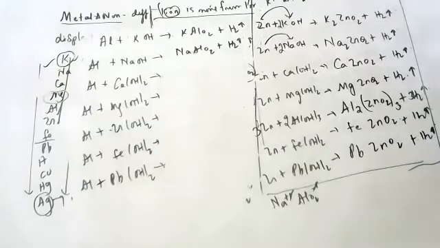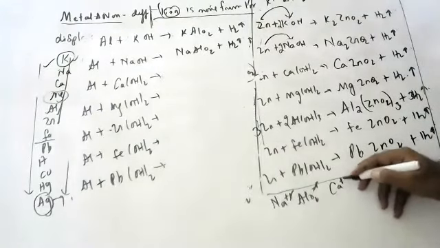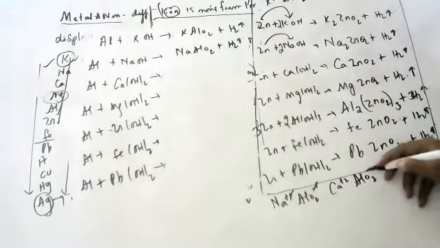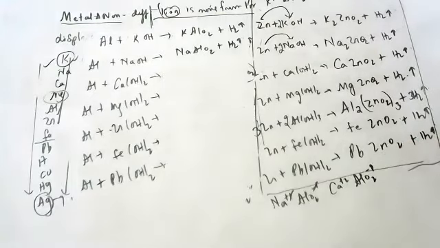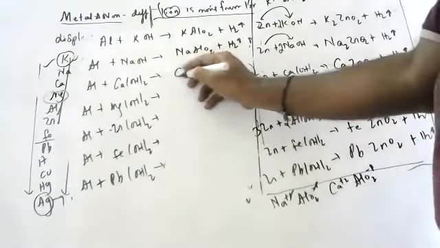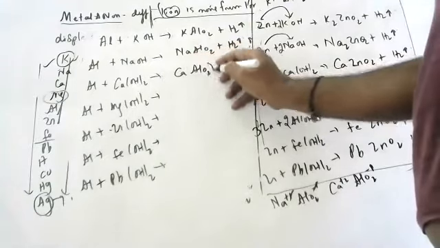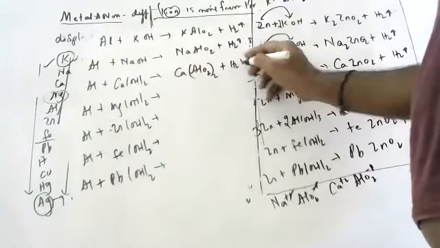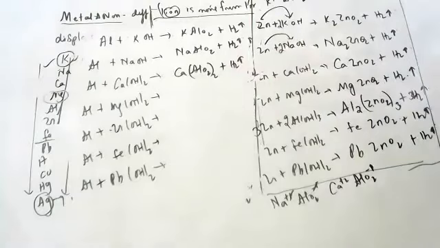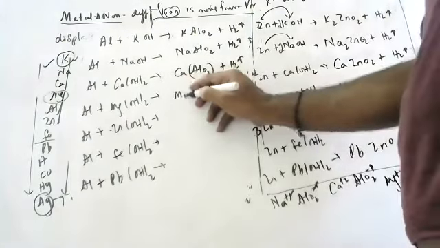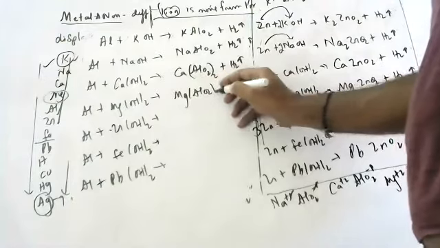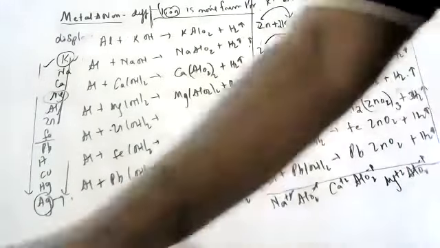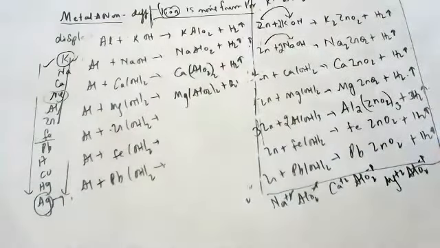Pravalika, calcium aluminate. Ca(AlO2) taken twice plus hydrogen gas. Next, Rishikesh, magnesium aluminate formula. Magnesium plus 2, Mg(AlO2) taken twice plus hydrogen gas.